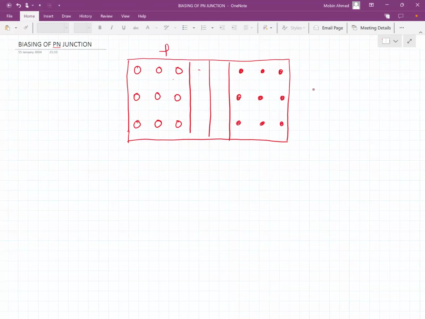So this is the P-type semiconductor, this is the N-type, this is the junction, the PN junction, and this is the depletion layer. And here, this is the barrier potential.